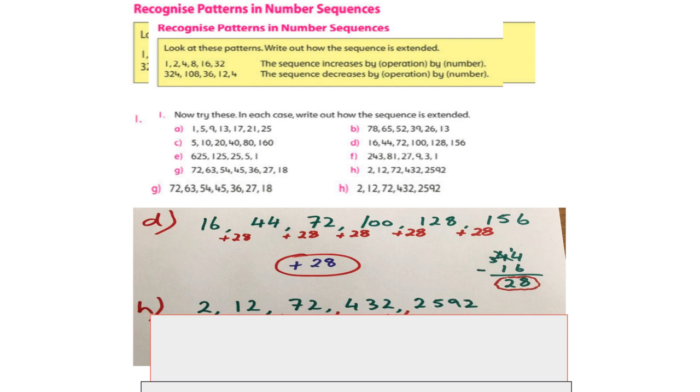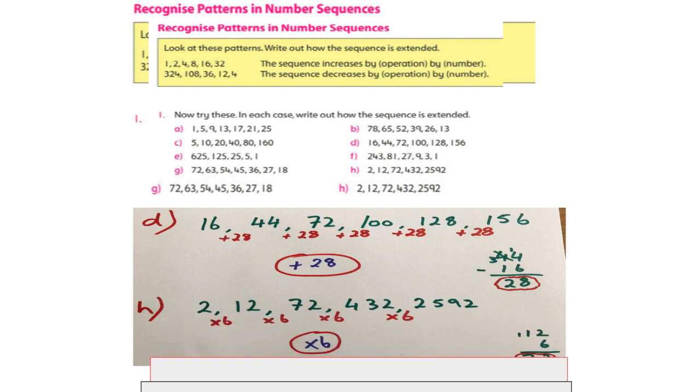So if we look at our number sequence, what do we multiply 2 by to get 12? We should know from our multiplication tables that if we multiply 2 by 6, we will get 12. If we multiply 12 by 6, we will get 72.